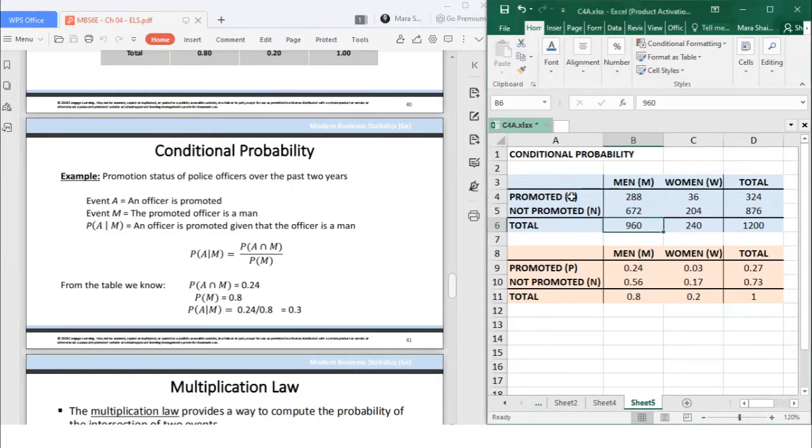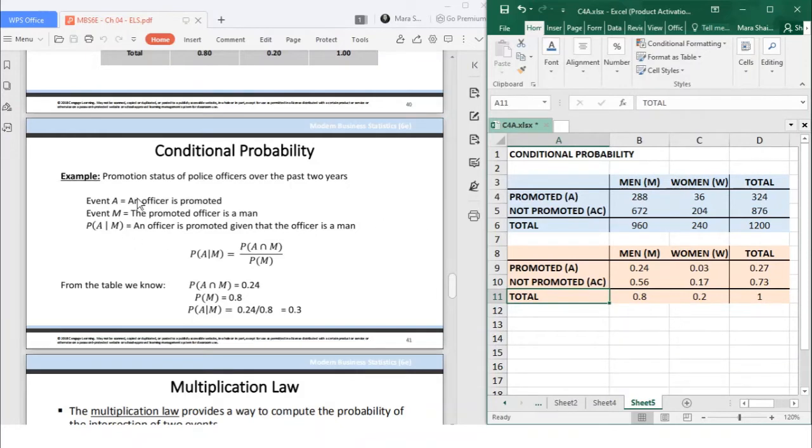To avoid confusion, I'll change this: this is A, and this is A complement, or the complement of the event A.